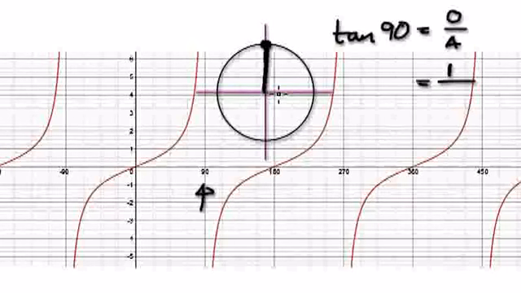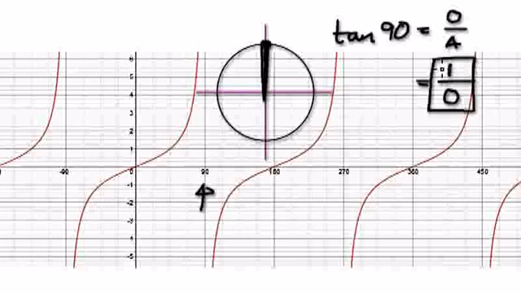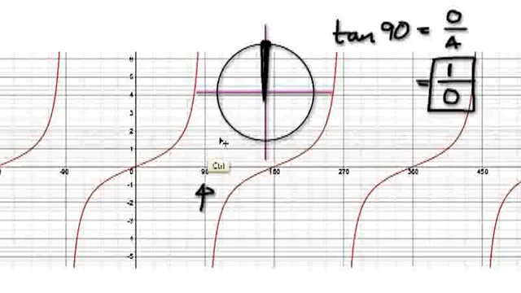Now the adjacent here, which is the width, is 0 because it's vertical. It's dead on vertical. So you've got a situation where you have 1 divided by 0. Something weird happens, because at 90 degrees, you can't have 1 divided by 0.